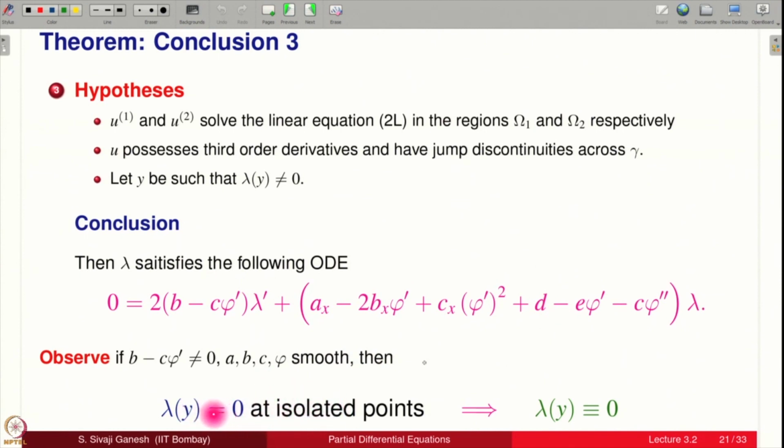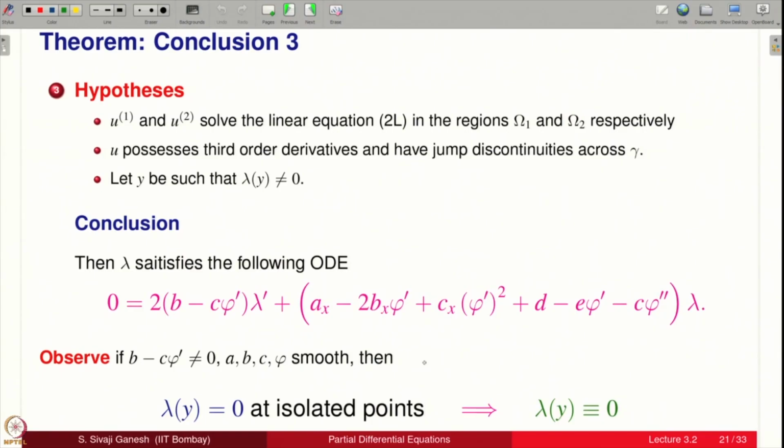That means the points where lambda y equals 0 can be reached by points where lambda y is not equal to 0, at which the ODE holds. The equality is a closed condition. Therefore, even if lambda y equals 0 at isolated points, this ODE continues to hold.